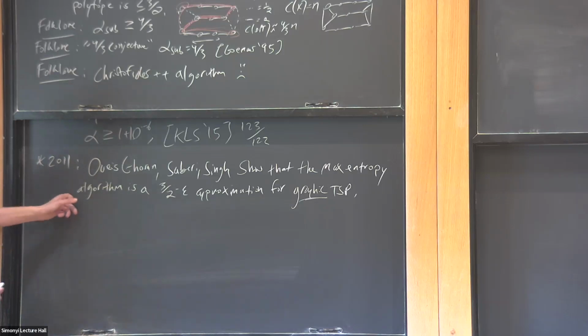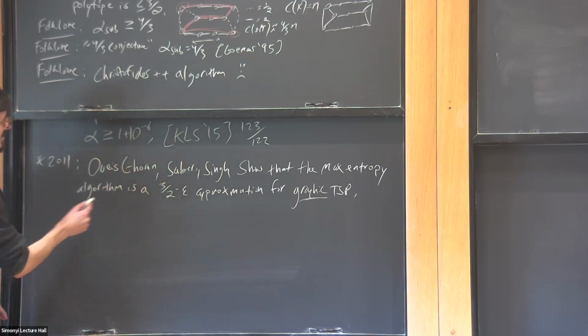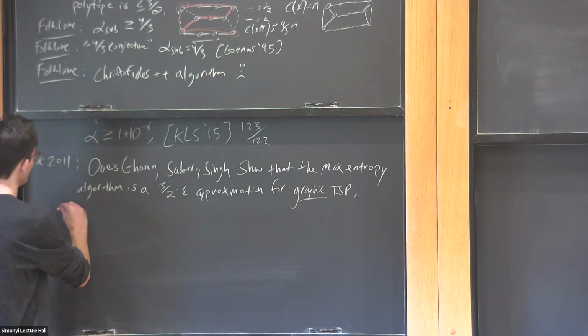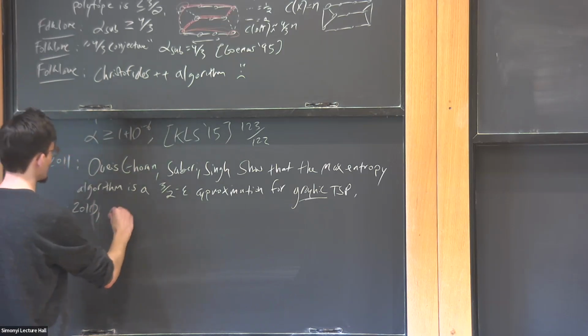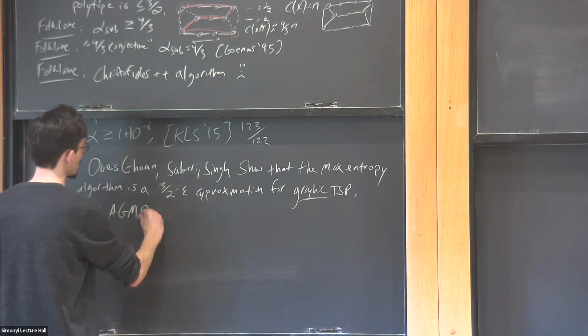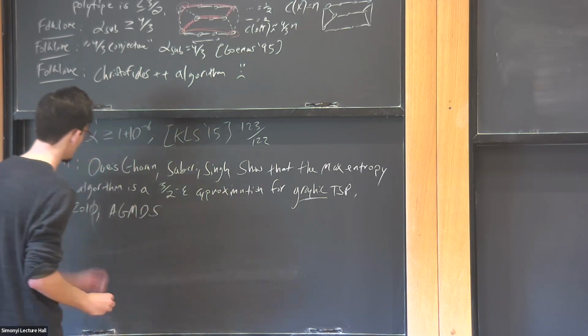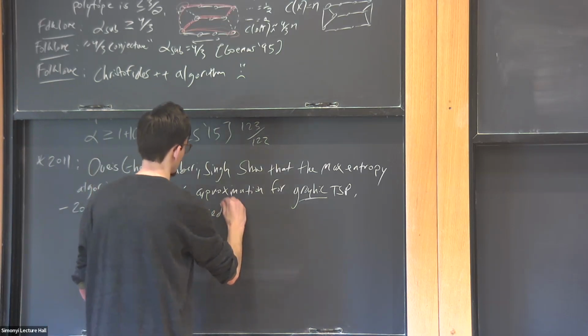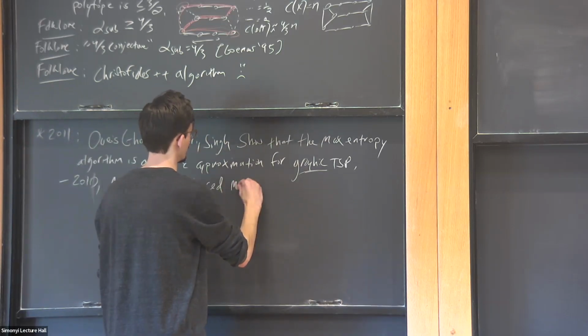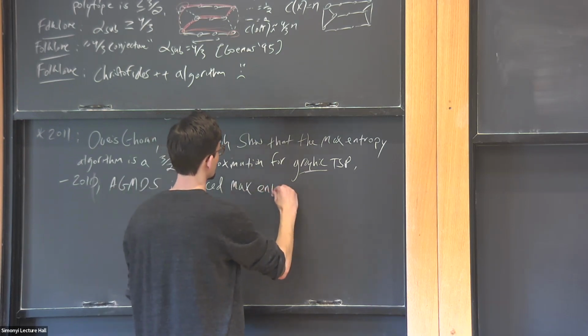Oh yeah, so when was max entropy actually introduced? So in 2010, sorry, I looked it up too. Asadpour, Goemans, Madry, Oveis Gharan, and Saberi introduced the max entropy algorithm.